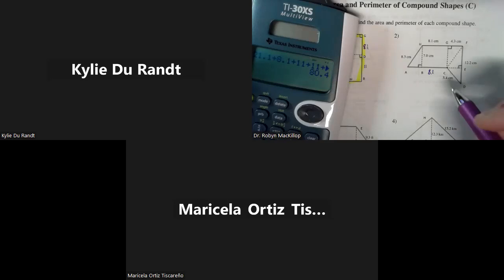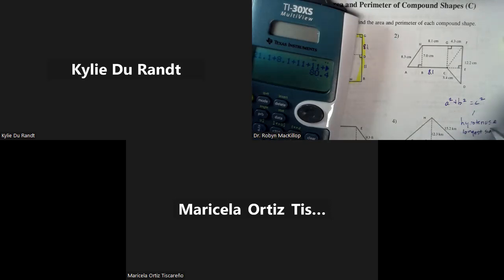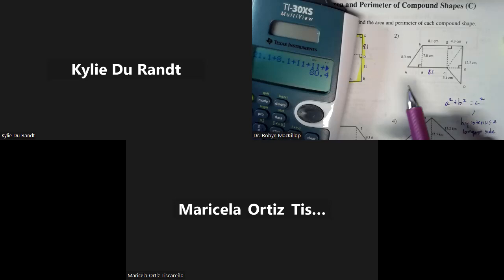So the Pythagorean theorem is a squared plus b squared equals c squared. And the c squared is always the hypotenuse, which is also the longest side, which is what they gave us. So we're going to fill this out with what we've got. The hypotenuse is 8.3. Let me get another piece of paper so I'm not writing super tiny.